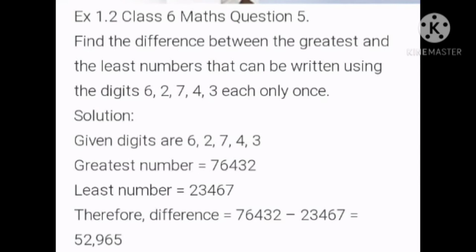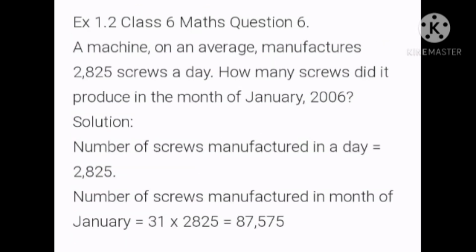You are going to subtract the greatest number minus the smallest one. 76,432 minus 23,467 gives you 52,965. So 52,965 is the difference.